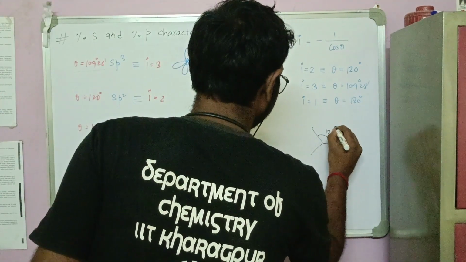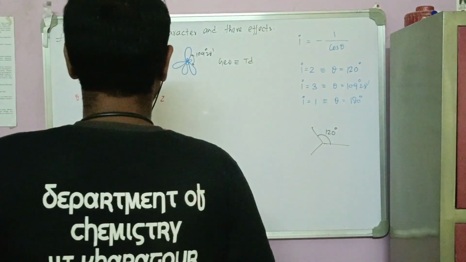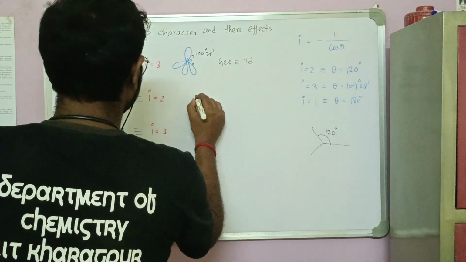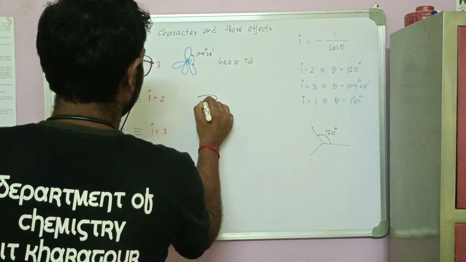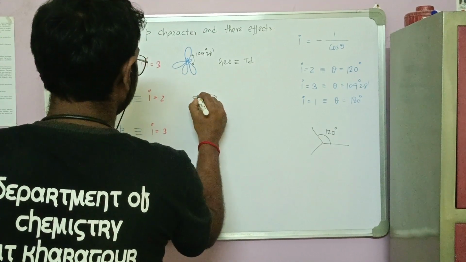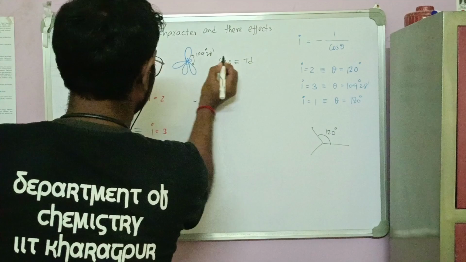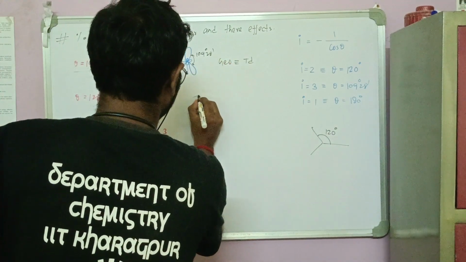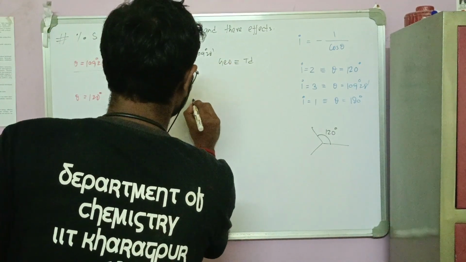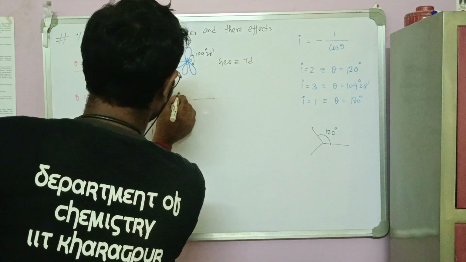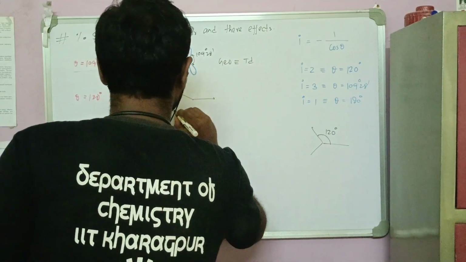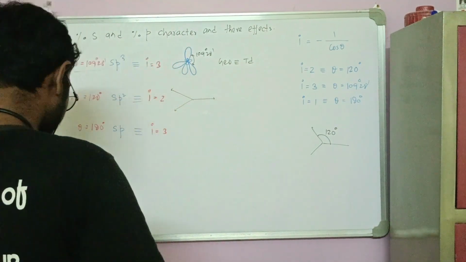Okay, for theta equals 120 degrees, we know if we put this kind of geometry, then we can make this angle to be 120 degrees. So the sp2 hybridized orbital will lie something like this. Let's make 120 degrees first, it will be easier to draw.